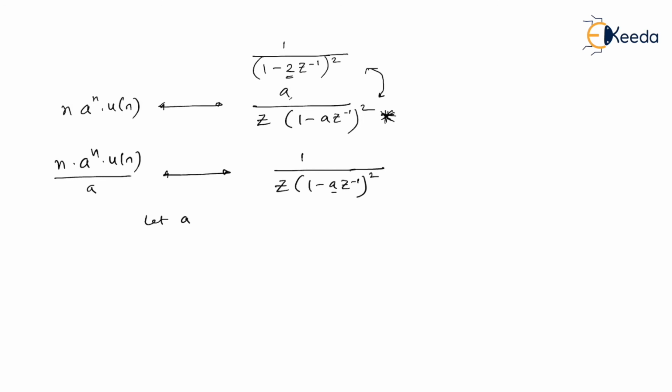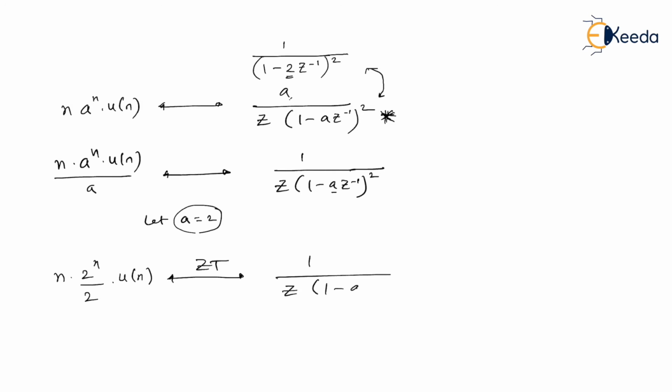So let me substitute a equal to 2. So on the left hand side I'll get n into 2 to the power n upon 2 u of n, which has a z transform of 1 upon z into 1 minus a z inverse, and in fact a is equal to 2 now, so it is 2 z inverse whole square. I hope you are clear with that.